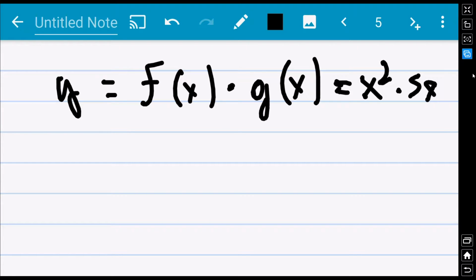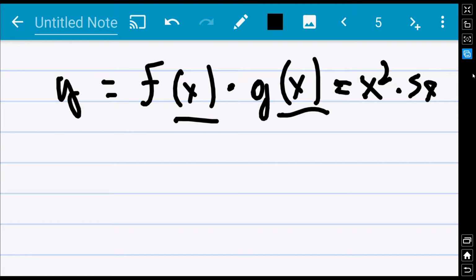Now, they have to have the same variable. So you can see that these two functions have the same variable. So make sure you have that in order to proceed with the product rule. So what does the product rule say?